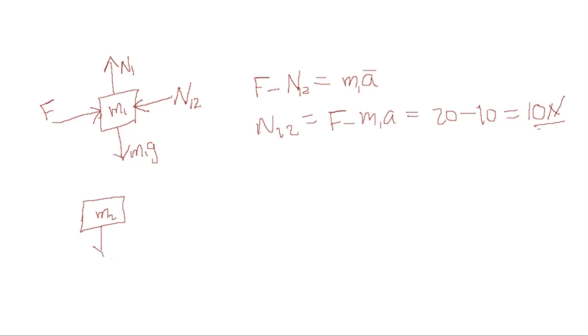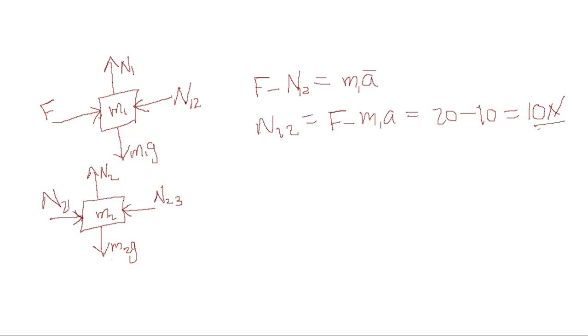We know that gravity, M2G, and normal force, let's call it N2, and the force from M1 on M2, which we can write as N21, and an opposing force from the surface between M2 and M3, which we can call N23.